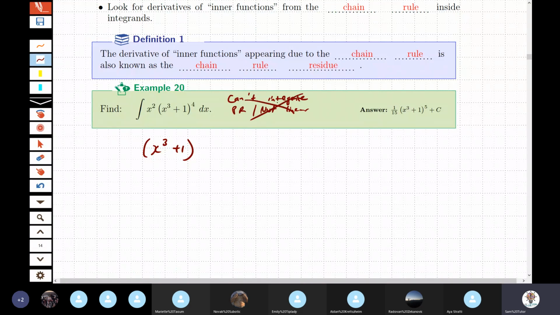Once you've established that, you remember that when we did this, the x cubed plus 1 existed exactly the same. So there's your x cubed plus 1. Now, if you're integrating this time, what do you think that power should be? Is it going to be a 3, a 4, or a 5? 5.